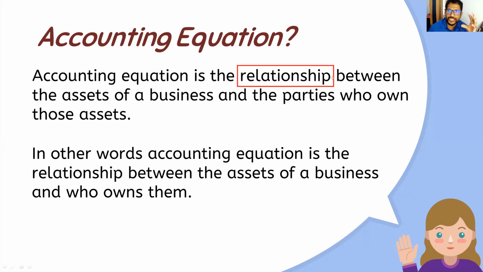It is a relationship. Between what? What are the two things that are going to be related with the accounting equation? It is a relationship between these two things: assets of the business, I think you all can remember the definition of assets, and the parties who own those assets.